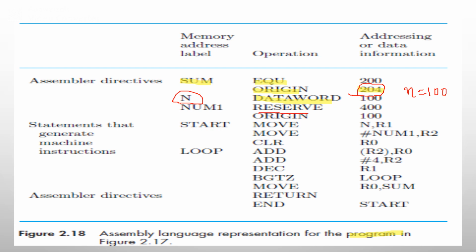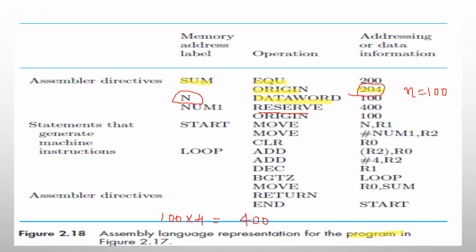So if we want to add 100 numbers, to store a single number I need 4 bytes, so I'll reserve around 400 memory locations to perform the addition of 100 numbers.